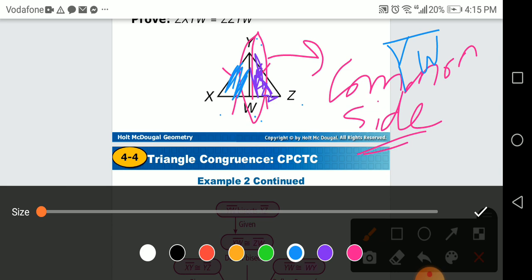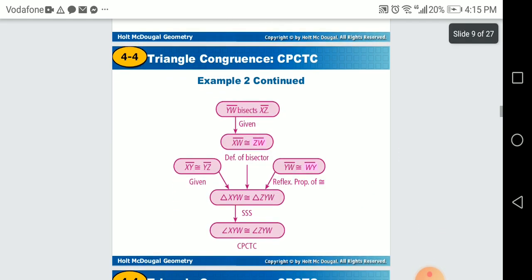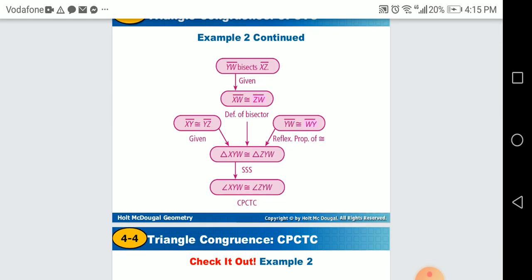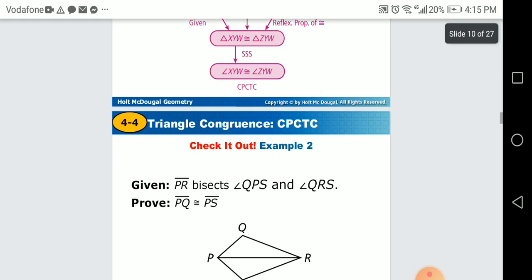Therefore, the three sides are congruent, guys. Therefore, the two triangles are congruent. Why? Because of SSS, three sides are congruent in the two triangles.